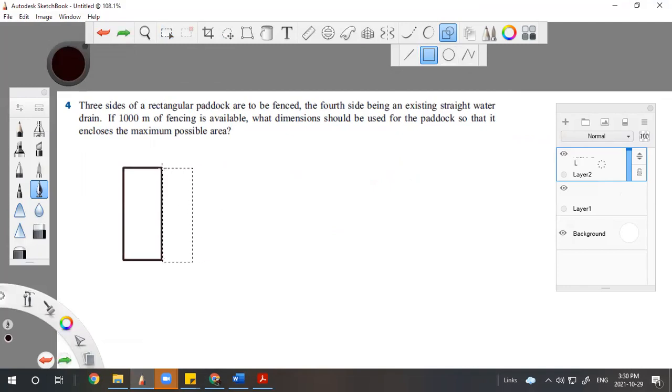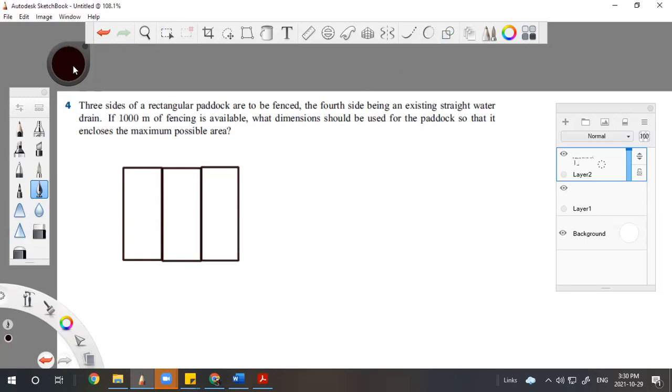The fourth side is an existing street water drain, so you don't have to put fence there. You put fence only on the other three sides, and this will be x.